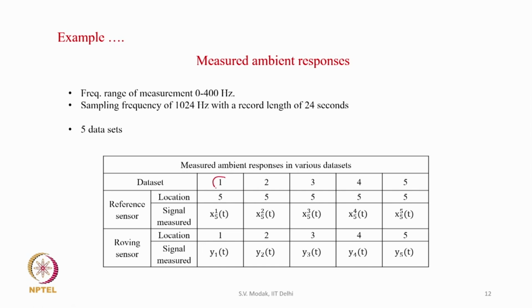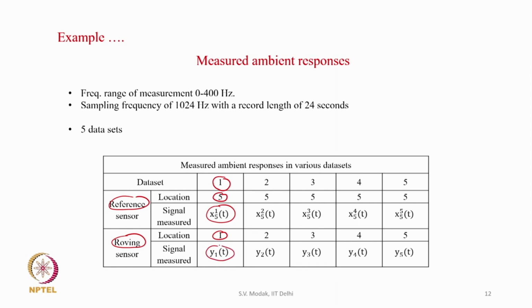This is data set 1, and it consists of a reference measurement at location 5 and a roving sensor measurement at location 1. The reference signal that is measured is designated as X5^1(t). The subscript shows the location of the reference sensor and the superscript shows the data set number. So, X5^1 indicates a reference measurement at location 5 in data set 1.